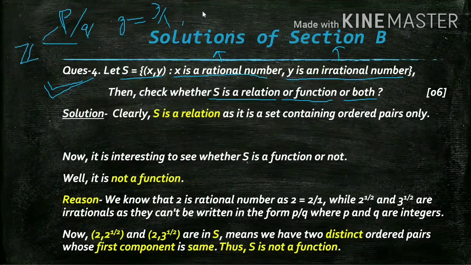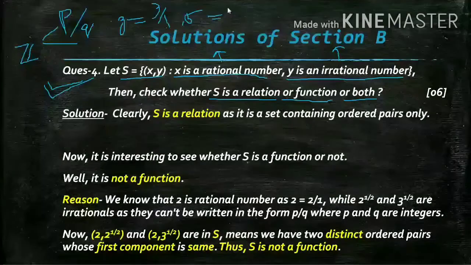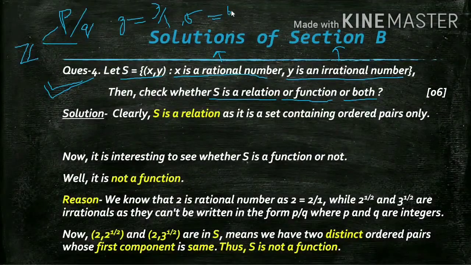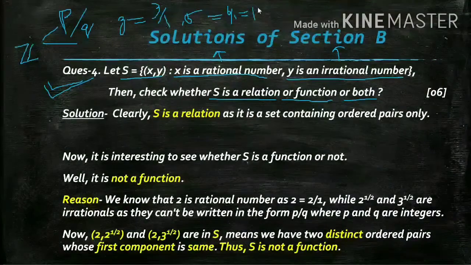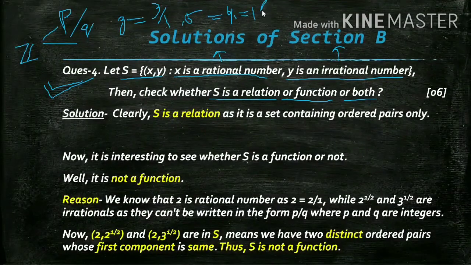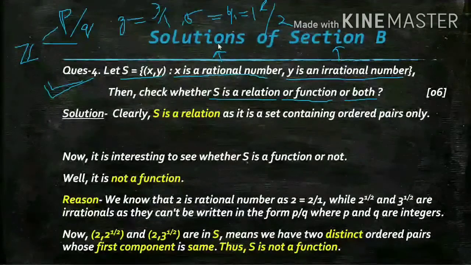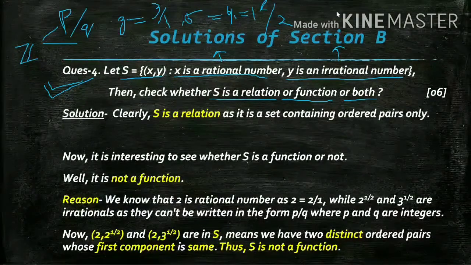Similarly, I can write 6 as 6 over 1, or I can write it as 12 over 2. So this is a rational number. An irrational number is one which can't be expressed in this form, which can't be written in the p by q form.